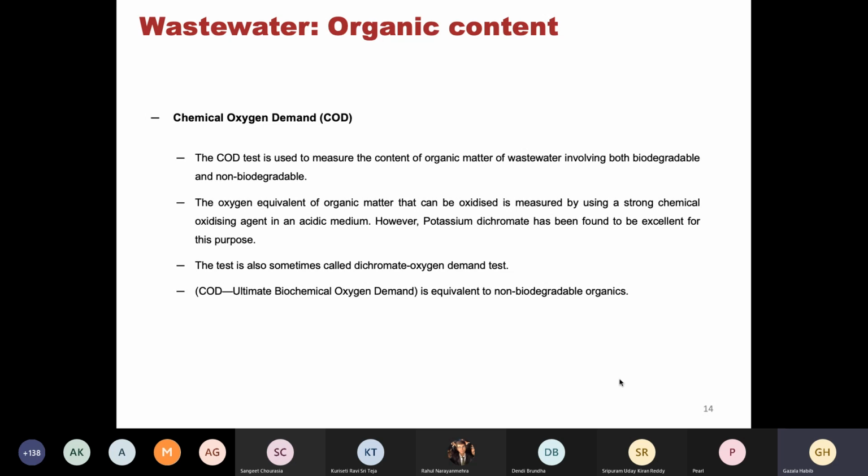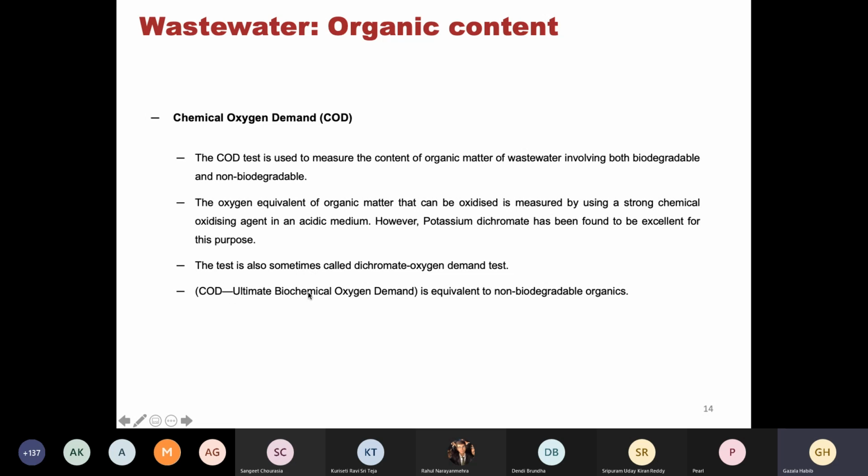The COD test is sometimes also known as the dichromate test, because potassium dichromate is a very strong oxidizing agent which is used in this particular test.